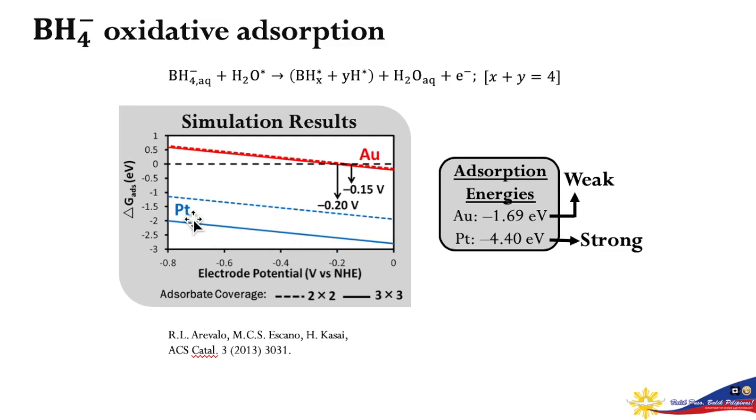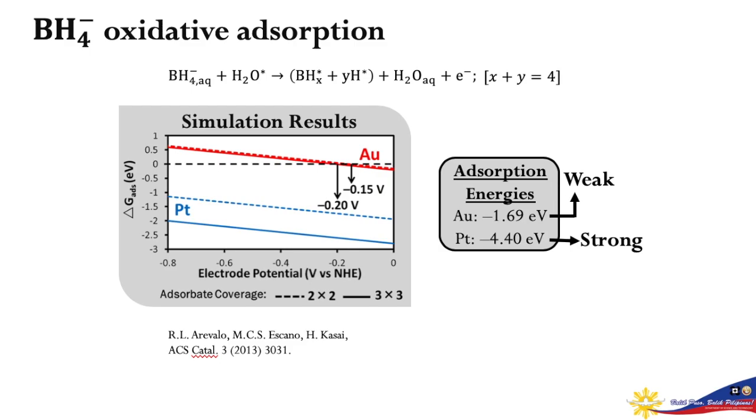That is why the oxidative adsorption proceeds at all relevant potentials. Therefore, in order for us to attain a low overpotential for the new catalyst, we would like to have a catalyst that promotes the strong adsorption of borohydride on the surface, just like the case of pure platinum.